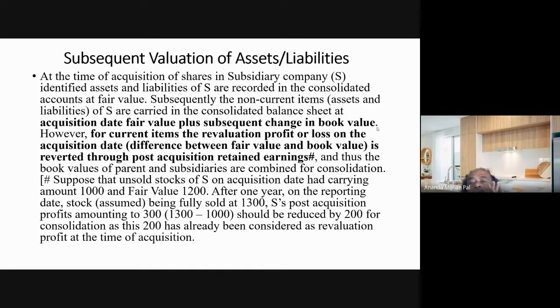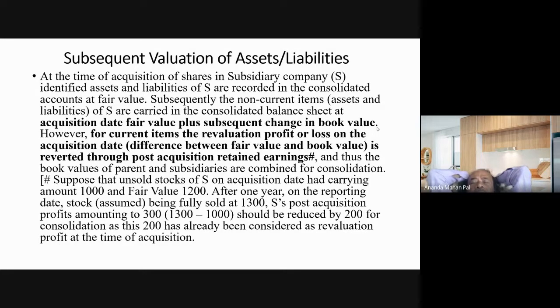We will only consider the subsequent book value, and in what way that book value is different from the initial book value. So we can take the current book value 4,50,000, and then add the initial revaluation profit of 1 lakh. The initial revaluation profit was 4 lakh book value and 5 lakh fair value, so 1 lakh.